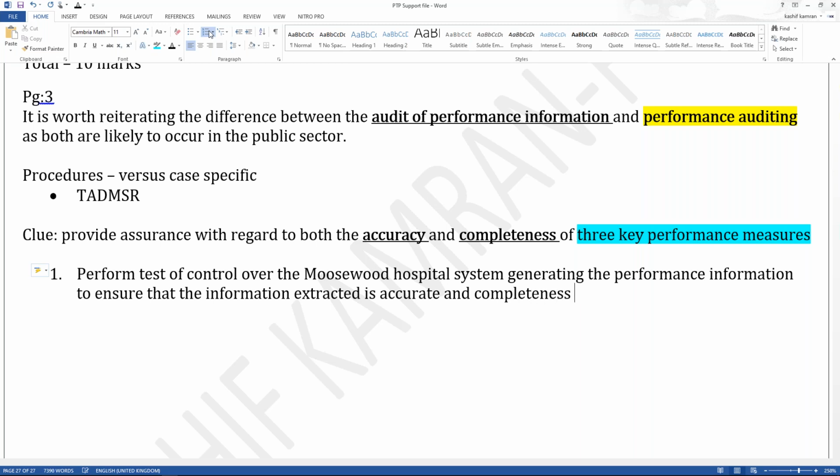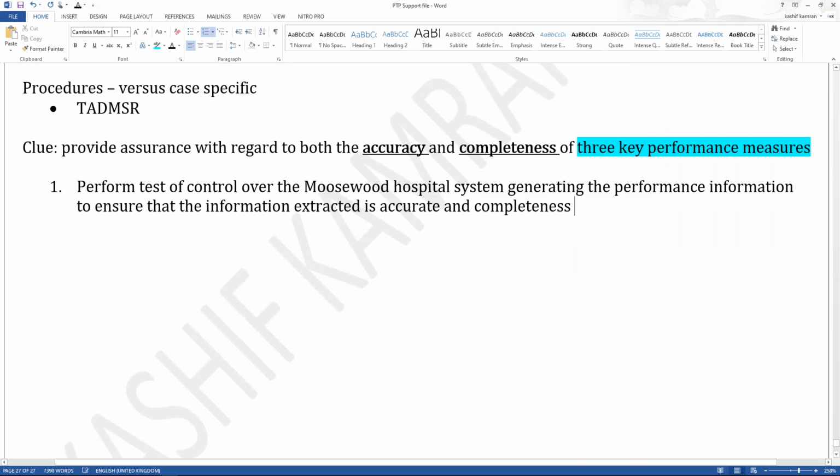Is that my journal's first procedure? If the system is robust, if the system is good, will that give me credibility on the performance measures, everyone? So did I link the first procedure to Moosewood Hospital? Are you all clear?